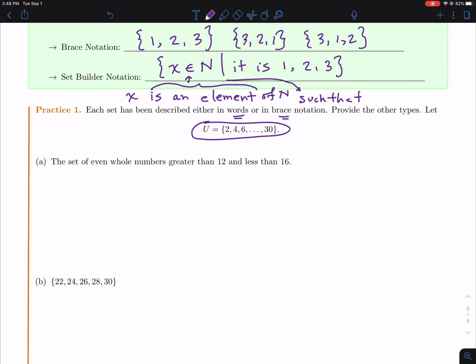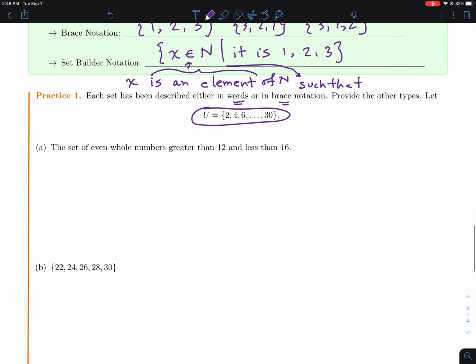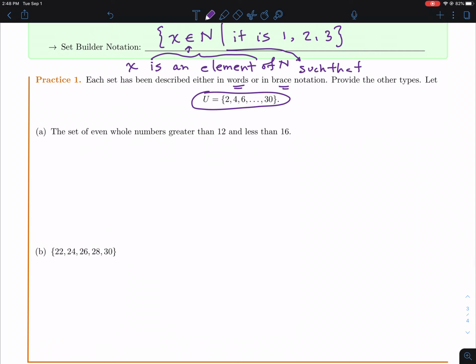Part A gives us the set of even whole numbers greater than 12 and less than 16. Hopefully we can recognize right away that this is a word description, and what we want to do is write this in brace notation.